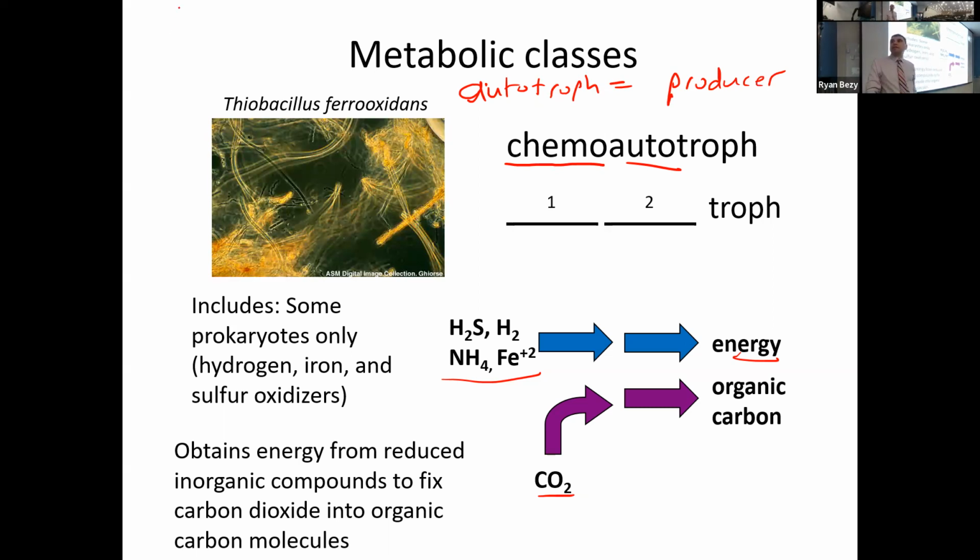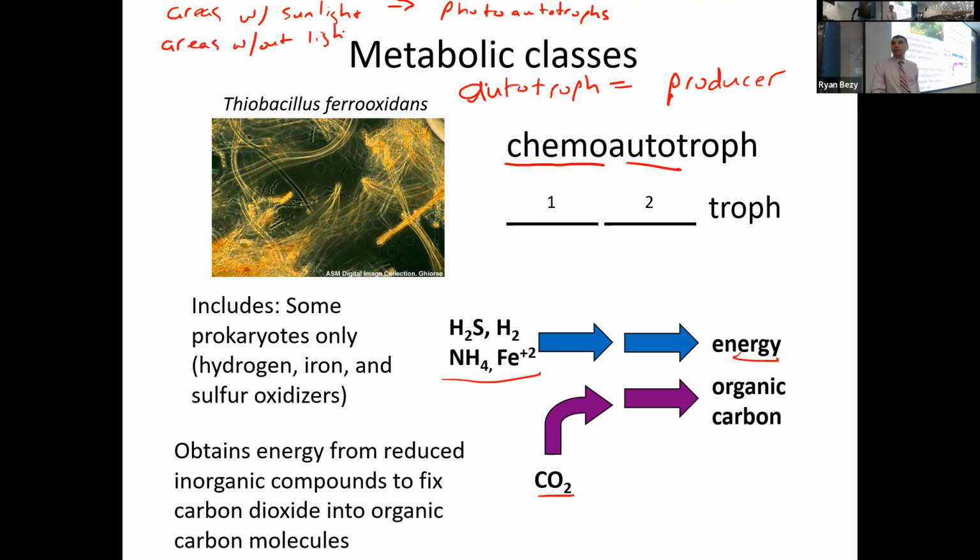Typically in areas with sunlight, most producers are photoautotrophs. But there are several ecosystems that take place in the absence of light. In areas without light, the main producers are the chemoautotrophs.